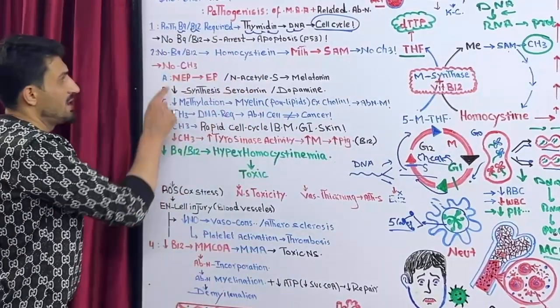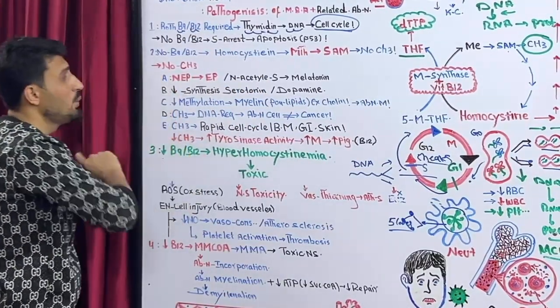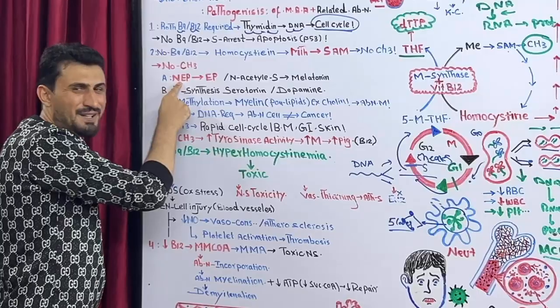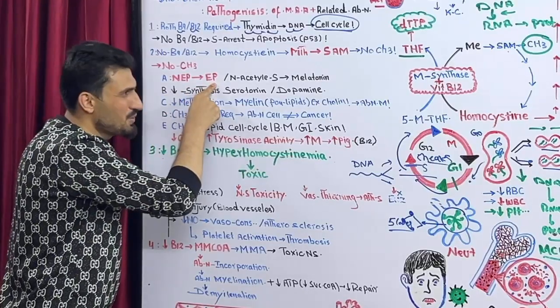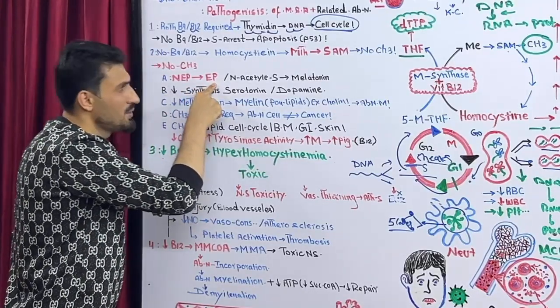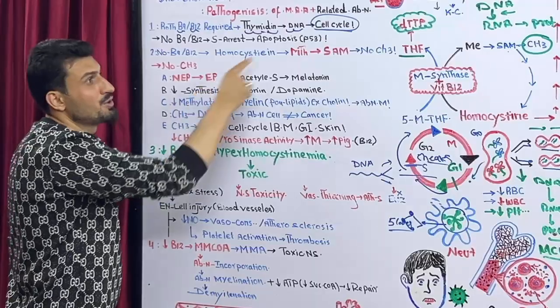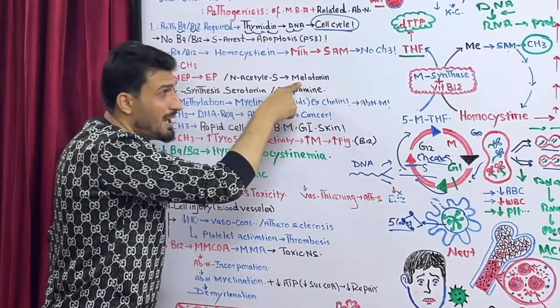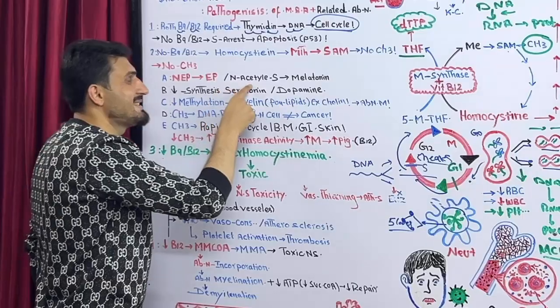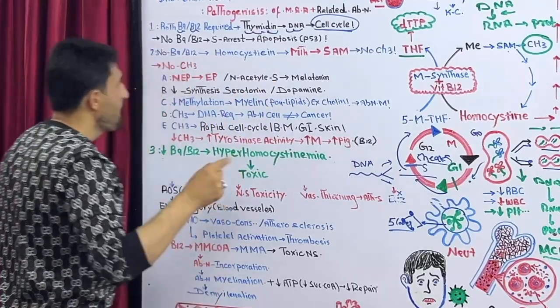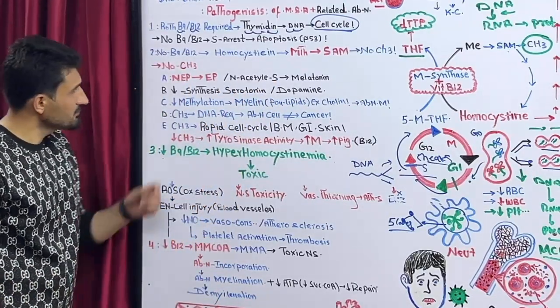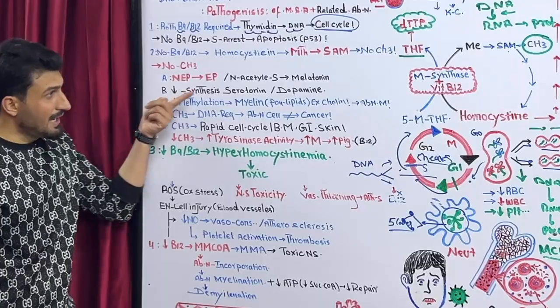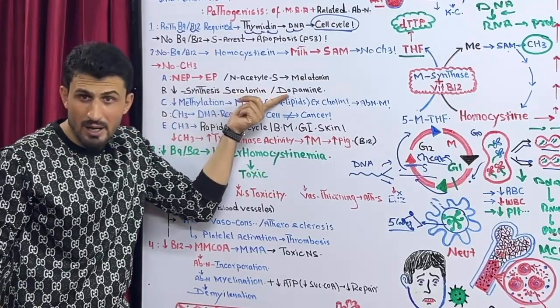Now, when we don't have enough methyl group, we cannot convert norepinephrine to epinephrine, a very important neurotransmitter in the central nervous system. We'll talk about it. Now, we cannot make melatonin from N-acetylserotonin. Plus we will not synthesize enough serotonin and dopamine.